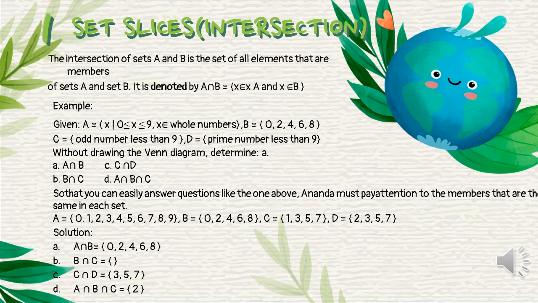Example, given A = {x | 0 < x < 9, x is a whole number}. B = {0, 2, 4, 6, and 8}. C = {odd numbers less than 9}.